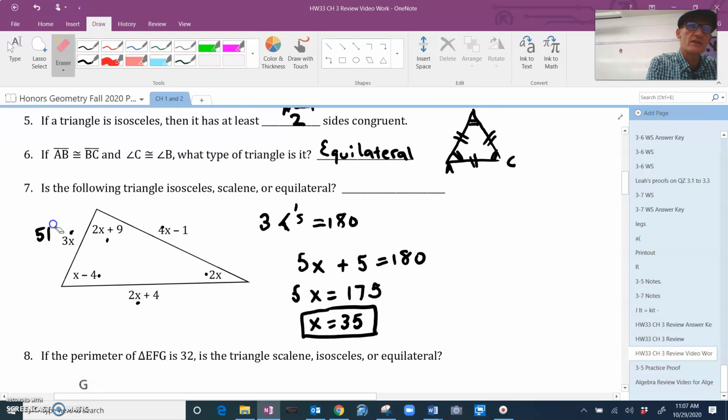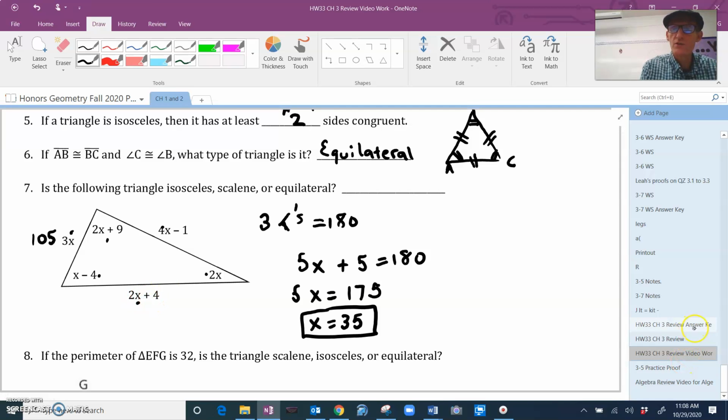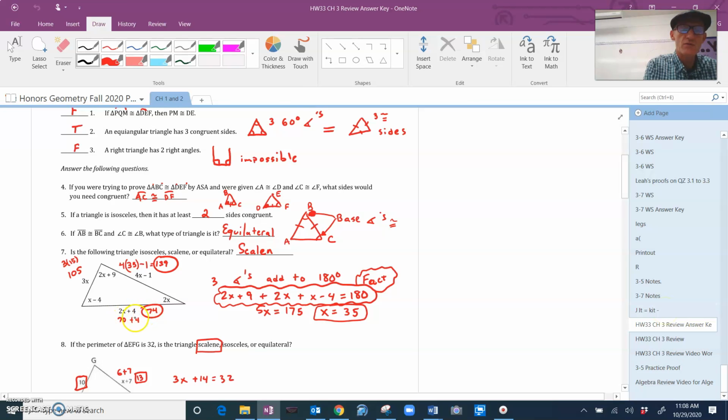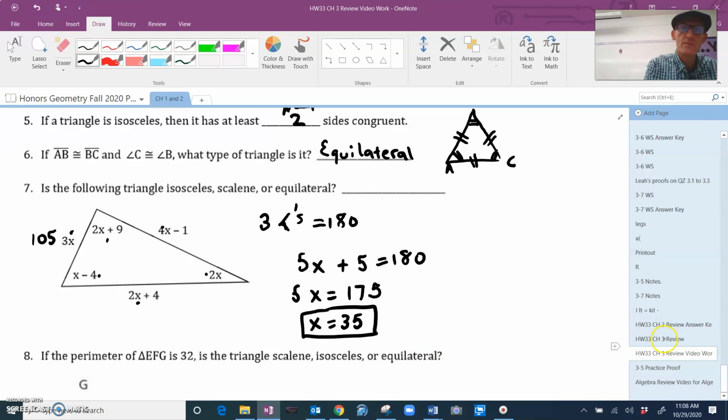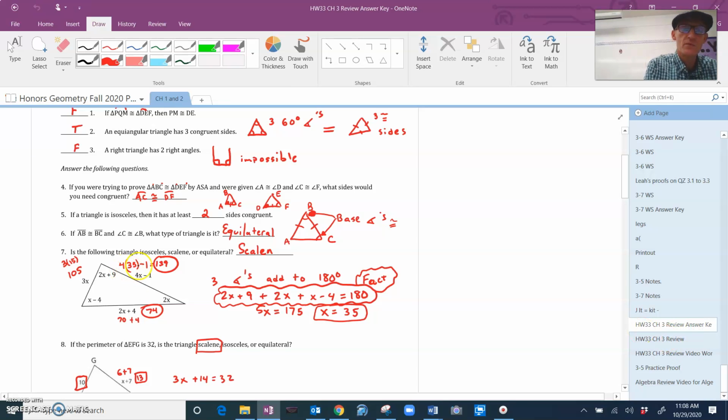And 3 times 35 is 105. And 2 times 35 plus 4 is 74. And 4 times 35 minus 1 is 139.